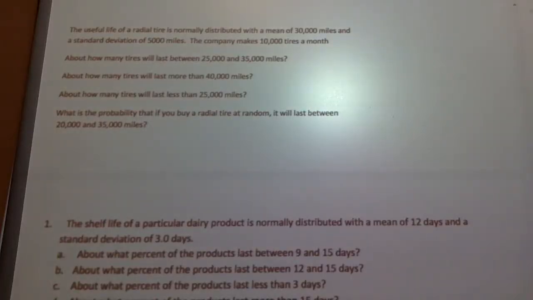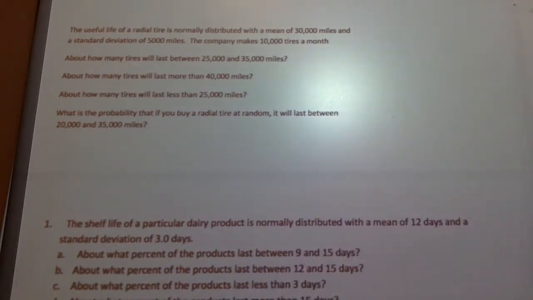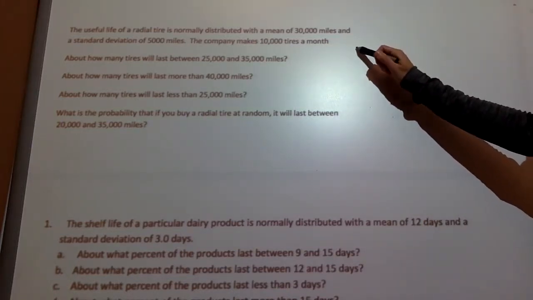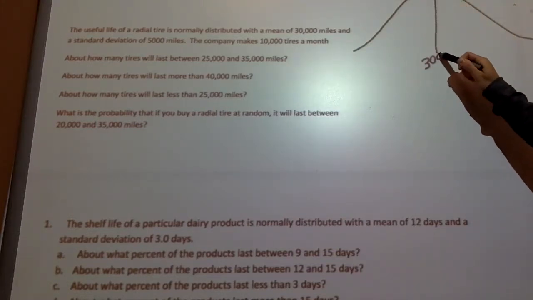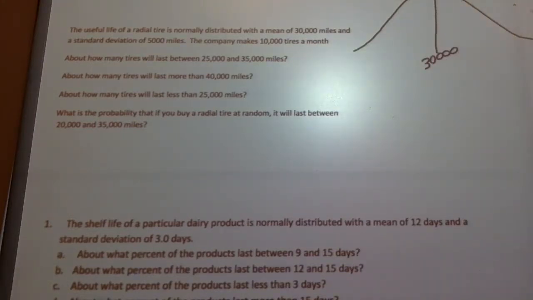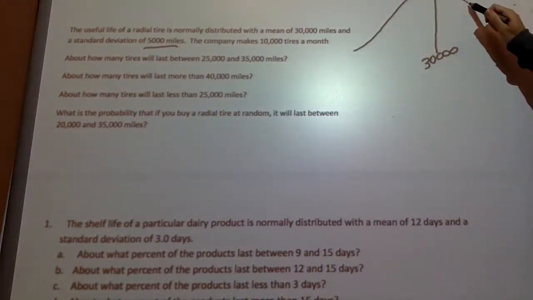Examples on tires. Anyone that owns a car should know that you need new tires every 30,000 miles. Otherwise, they'll be too bald, right? Tires usually last around 30,000 miles. Okay, so we're going to set up this normal curve first. 30,000 is my average, so that goes in the middle. My standard deviation is 5,000 miles. So I'm going to count by fives.